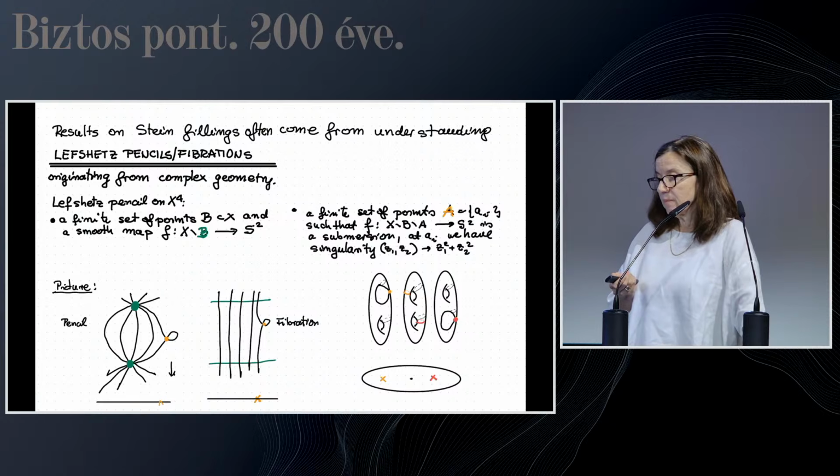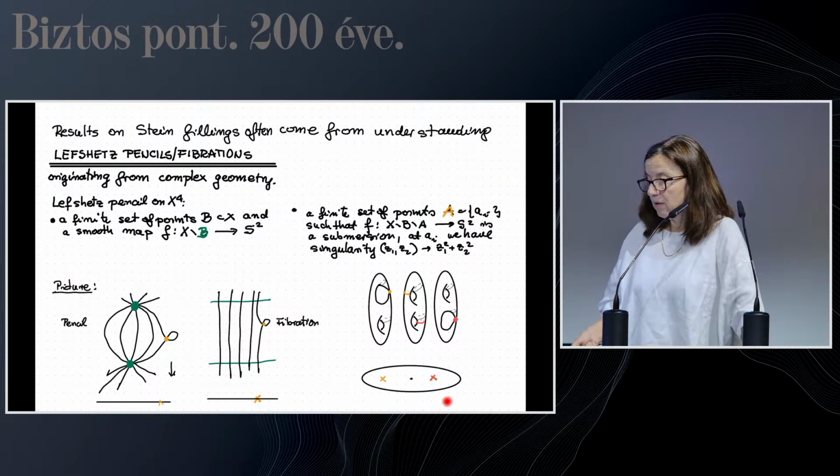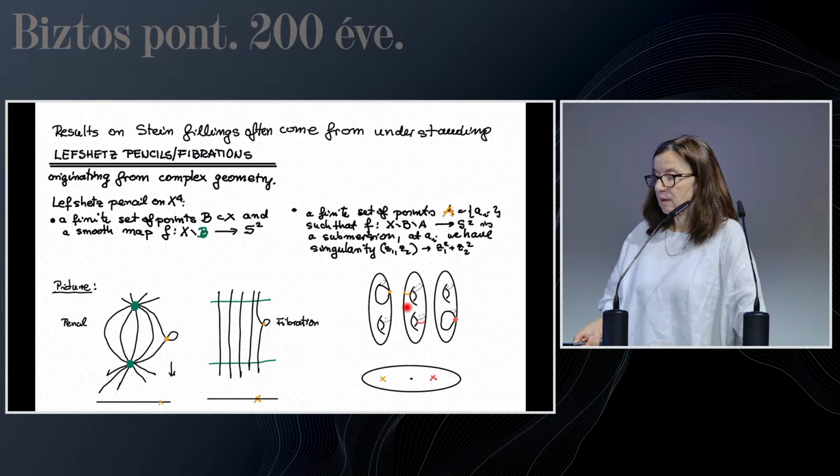Along a path from a regular fiber to a singular fiber, there is what we call a vanishing cycle that contracts to a point.